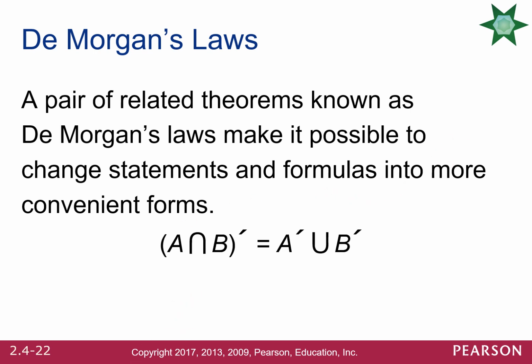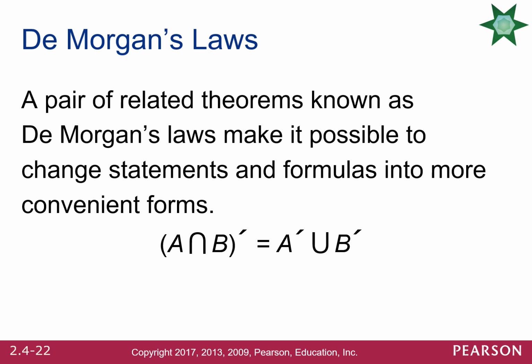And what are the forms? The first one is the complement of A intersection B is equal to the complement of A union the complement of B. So this is the one that we just proved.